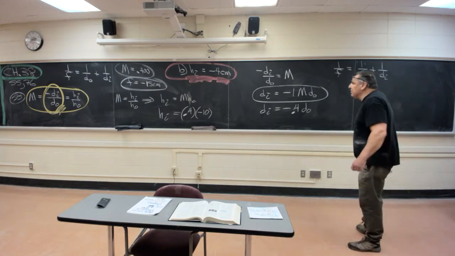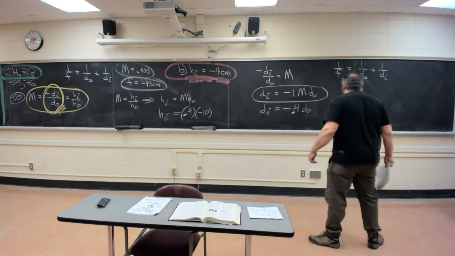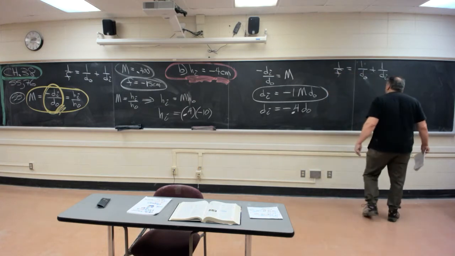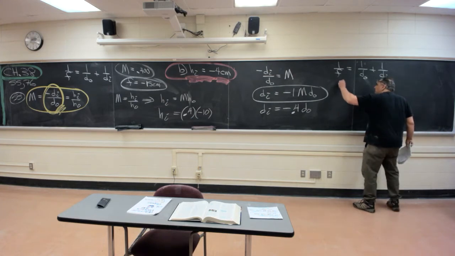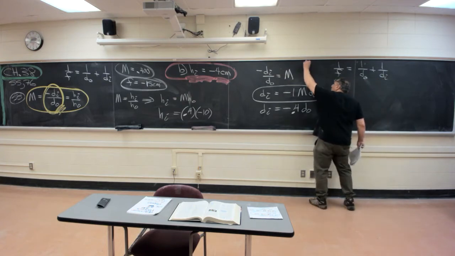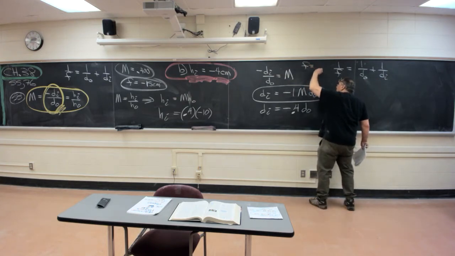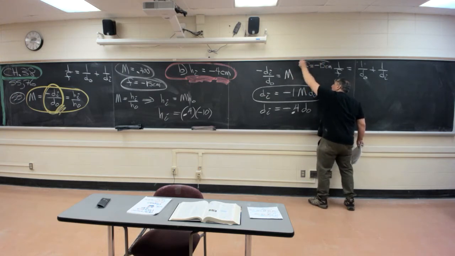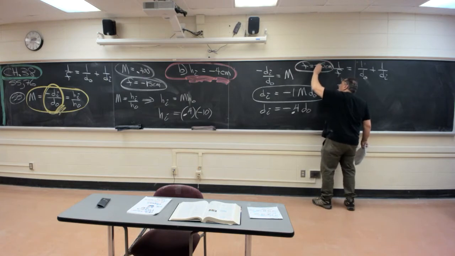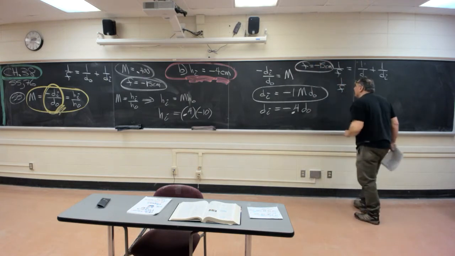I know I erased it, but we've got it. We know that it's a diverging lens with a focal length of magnitude 15 centimeters. Negative 15 centimeters is what the focal length is.